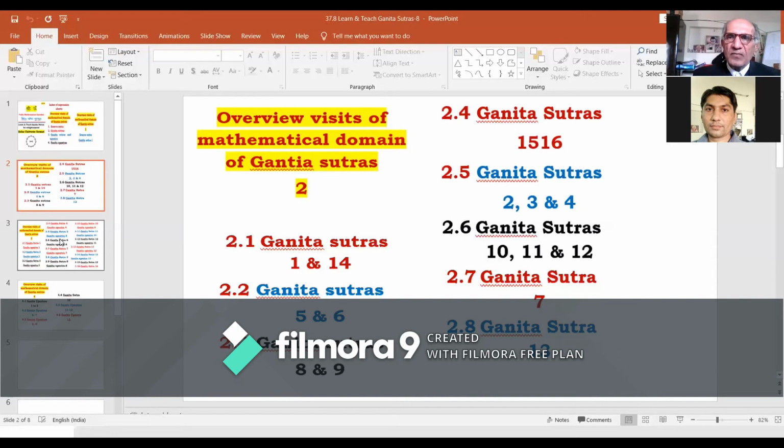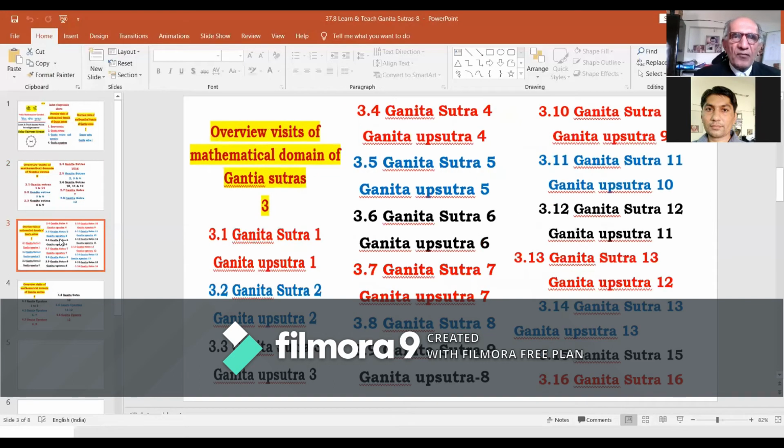The third phase of having an overview of the mathematical domain of Ganita Sutras as such is the phase and stage of visit of the mathematical domain of Ganita Sutras and Upsutras as an integrated mathematical domain.